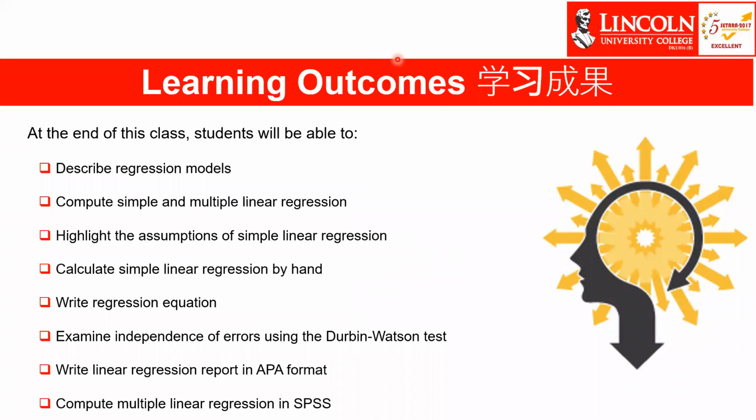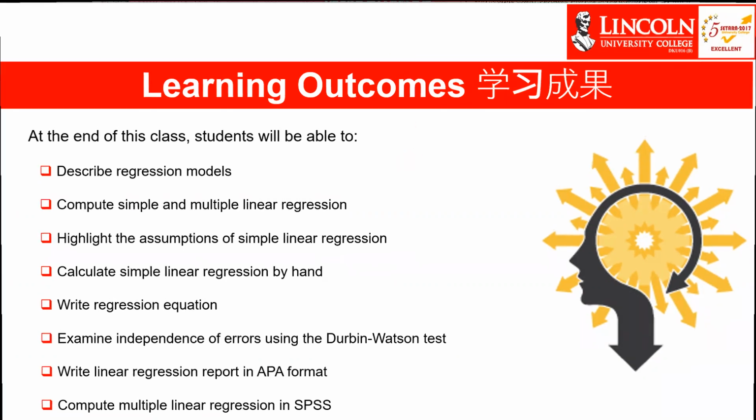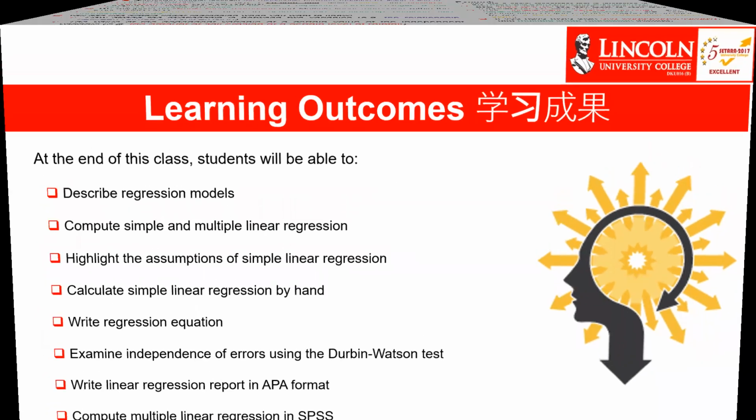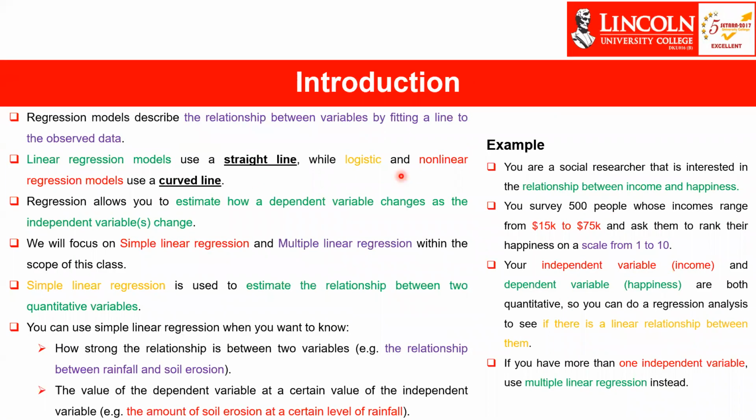You should be able to write the regression equation, examine independence of errors using the Durbin-Watson test, write a linear regression report in APA format, and compute multiple linear regression in SPSS. Now, a regression model describes the relationship between variables by fitting a line to the observed data.